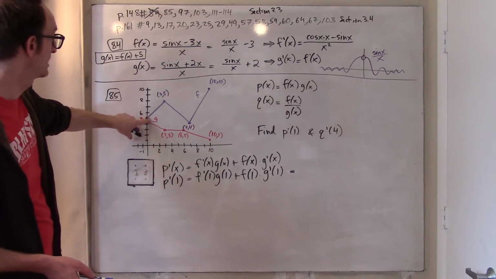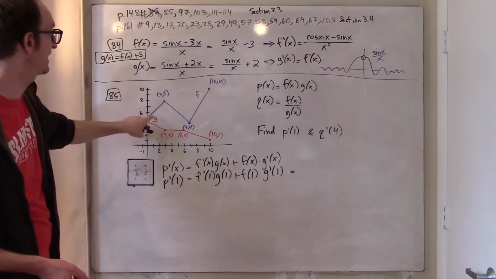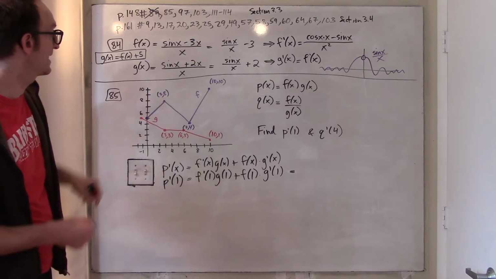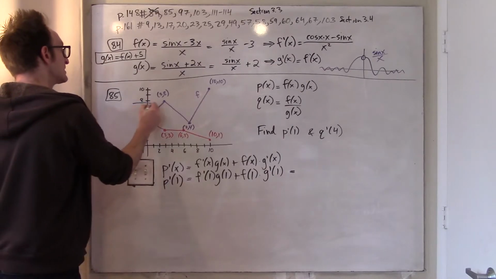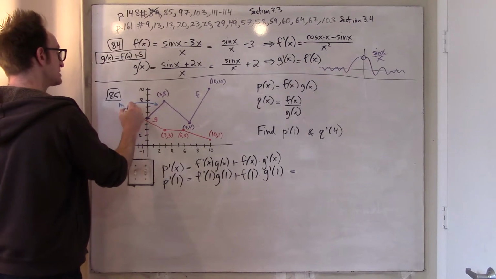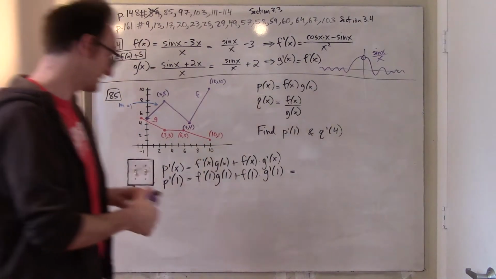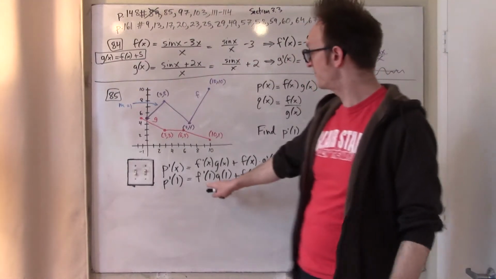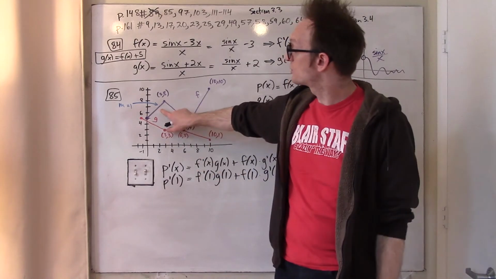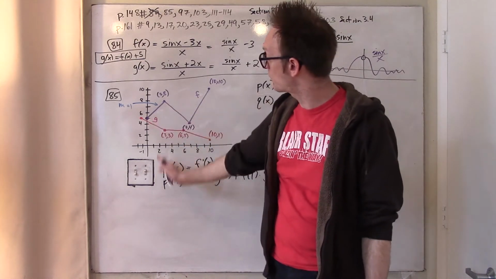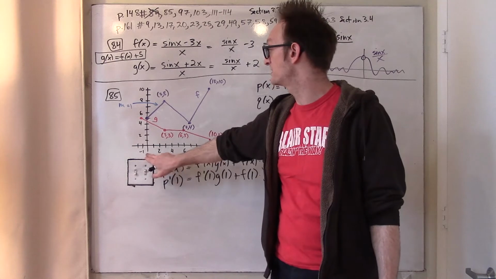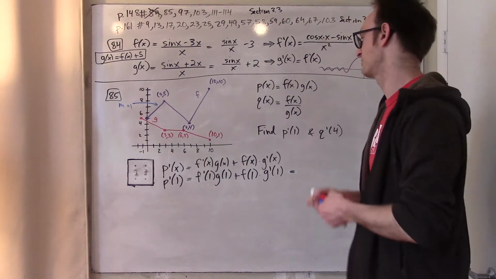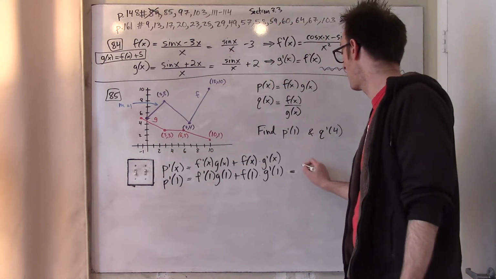From 0 to 3, I've gone over 3, and from 5 to 8, I've gone up 3. Therefore, the slope of this line is just 1. And if the slope of this line is 1, then the derivative of this function is just 1. In fact, the derivative of this function is 1 for the entire interval from 0 to 3. And that includes x equals 1. So f prime of 1 is just 1.